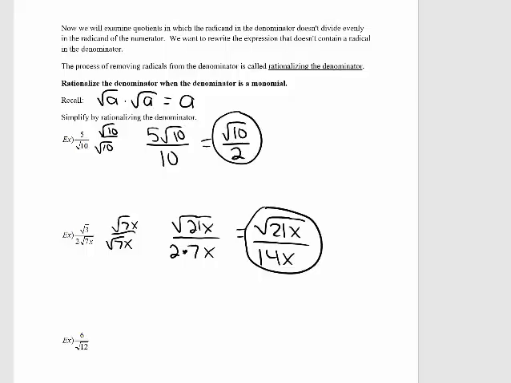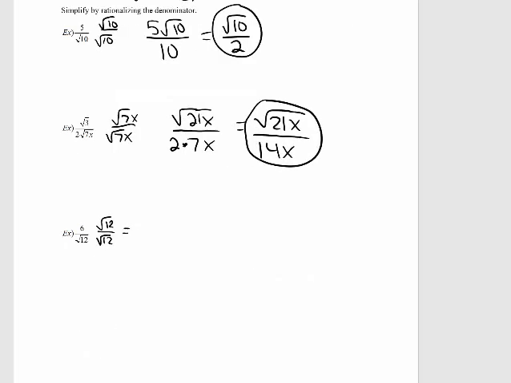All right, one other example I want to take a look at then. There's two different ways I can do this problem. Option 1, I can multiply right now by the square root of 12. And on the top, that gives me 6 times the square root of 12. Square root of 12 times the square root of 12 is 12. 6 over 12 simplifies to 1/2.